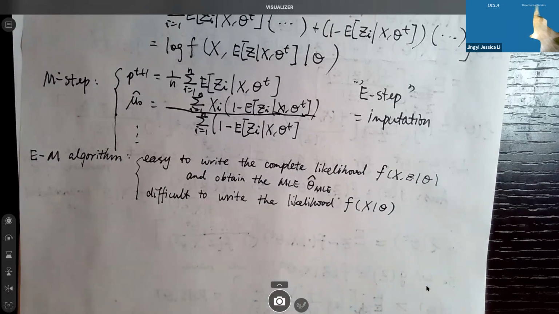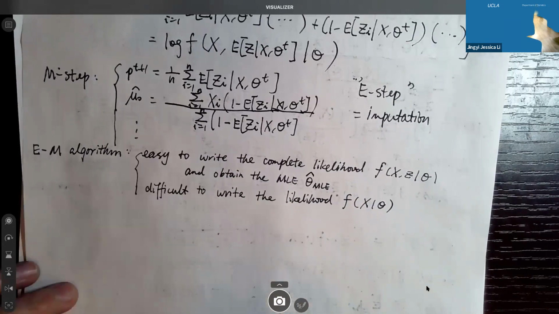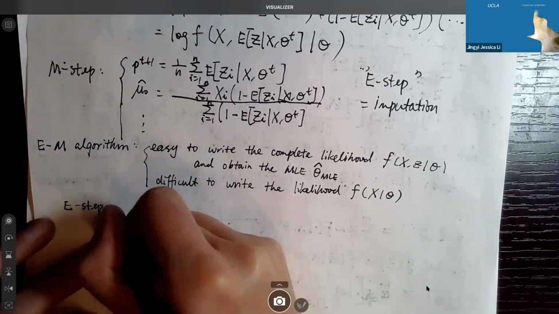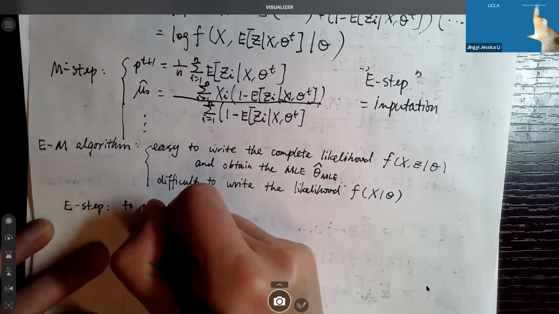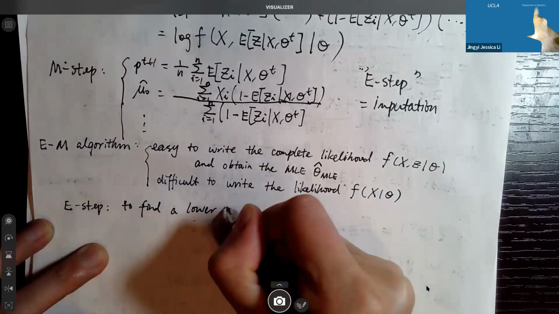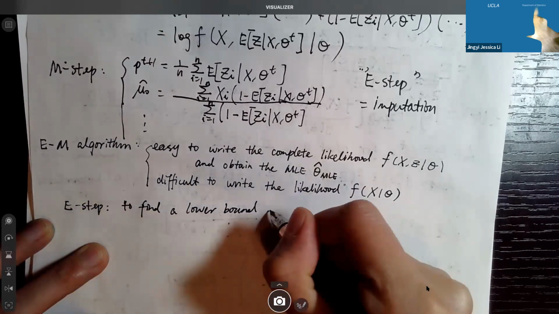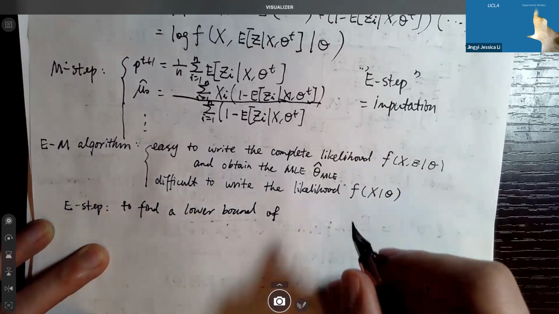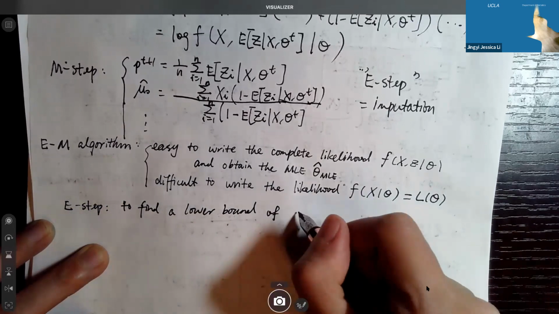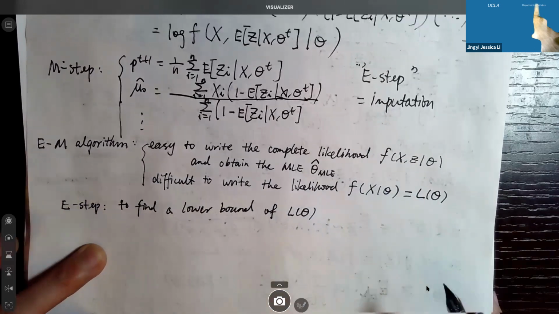So basically, the E step is to find a lower bound of this f(x | theta). Let me denote this as L(theta), a lower bound of L(theta).